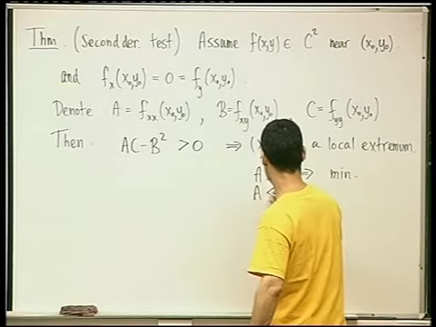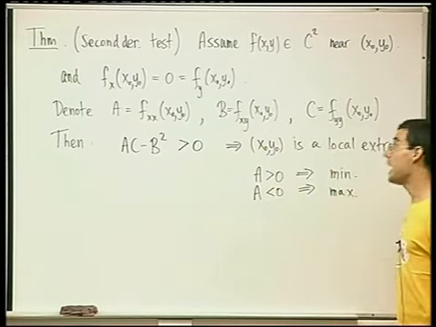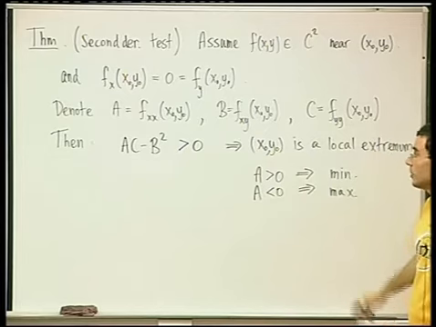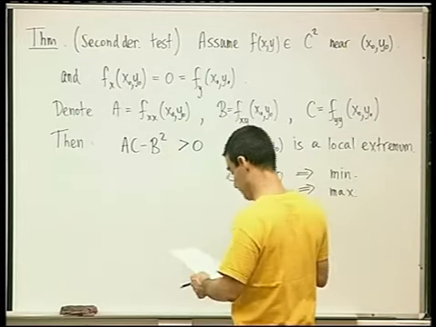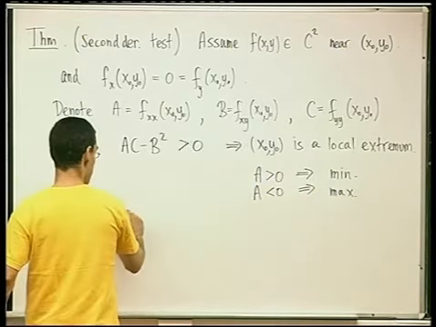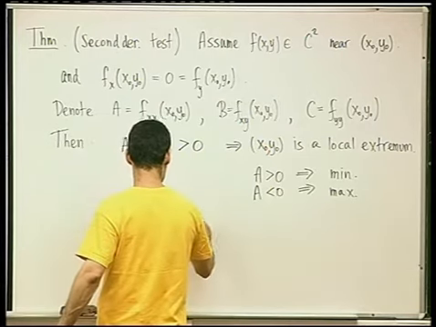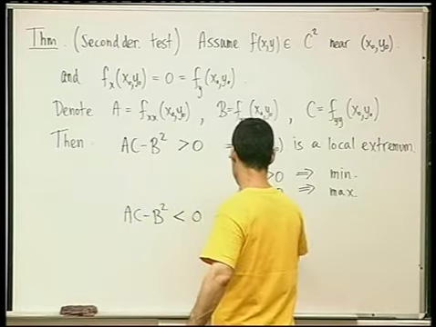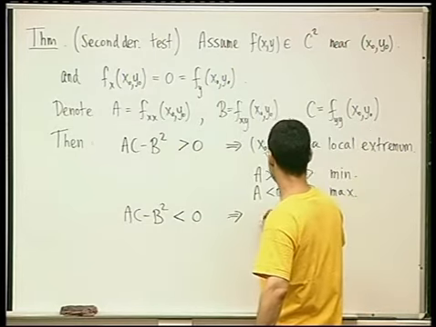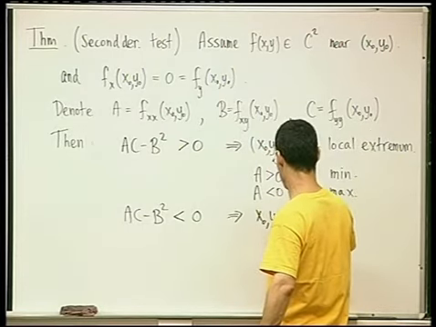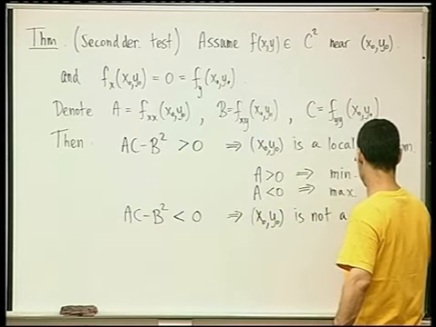And if A is negative, it's a maximum. And if A is 0, it's not. Okay, if A is 0, it's going to fall into the other cases. If AC minus B squared is negative, then this is the situation in which we had no local extrema. Then x0, y0 is not a local extrema.